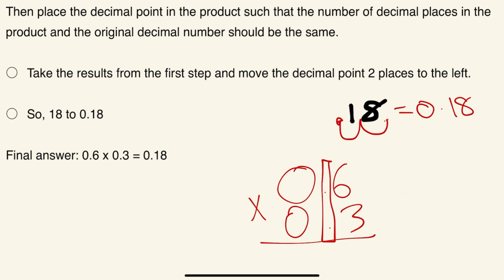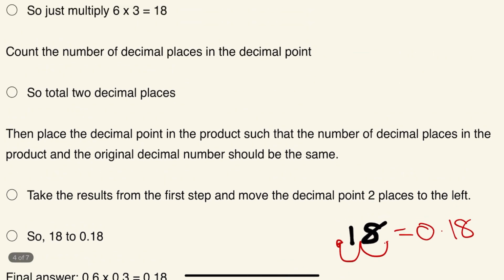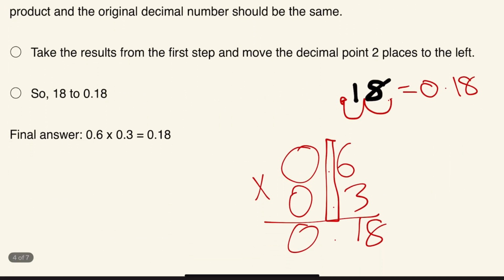But 0.6 times 0.3, you line up the decimal points, and you just multiply normally, 6 times 3, that's 18. Then you put the decimal point down and you carry out the 0. That's how I do it. But I did follow the steps. Technically, it's following the steps, except it doesn't tell you to line up. However, I would recommend lining up.